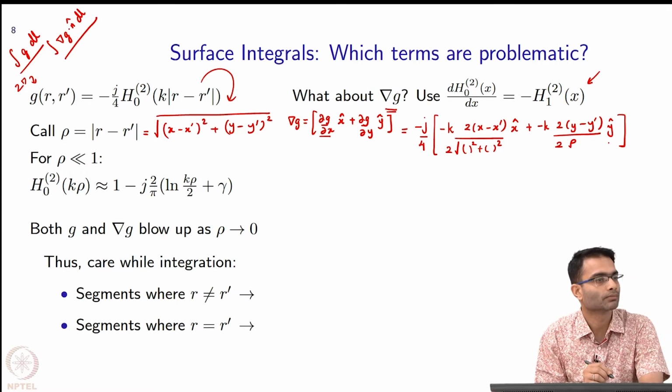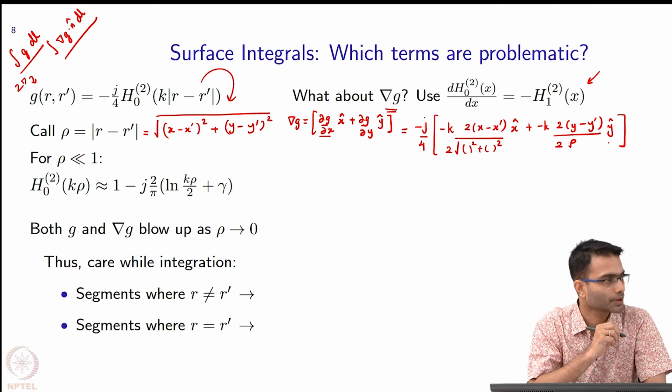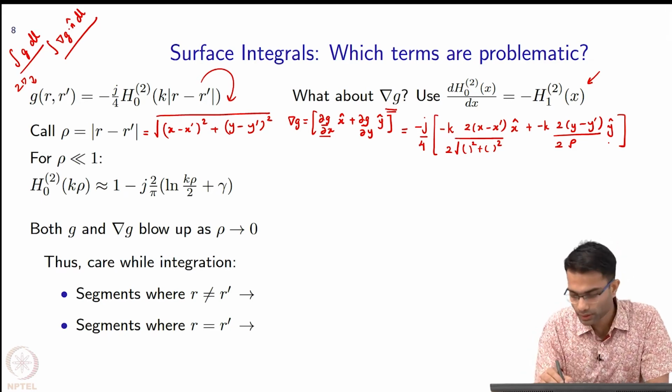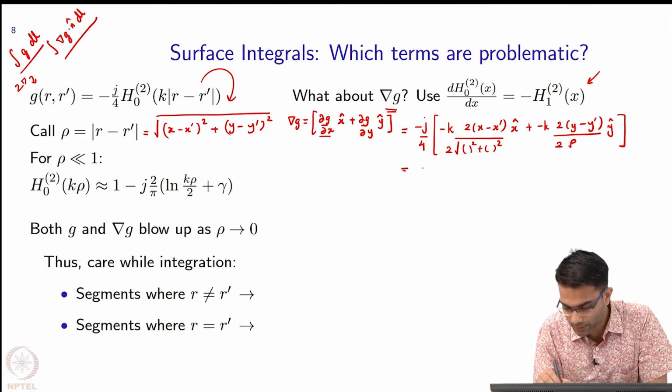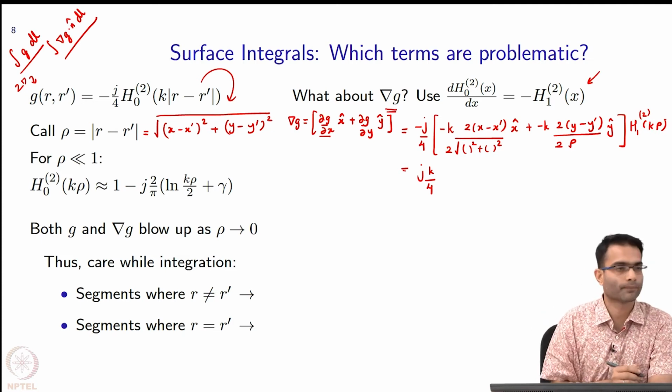It is the chain rule of differentiation. I can simplify this, and it will become jk by 4, and this one remains over here.